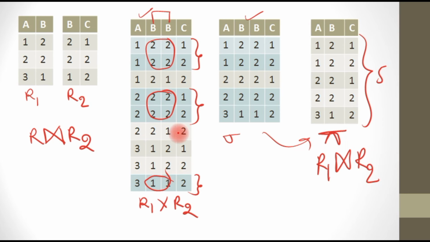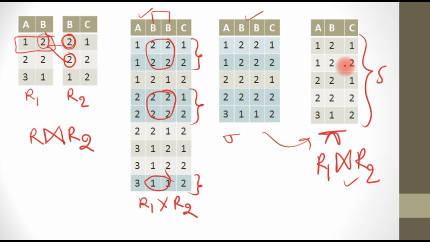Okay. See, to find the natural join, this is the procedure, but you can find it directly. Whenever the value of B is the same, it will be in the natural join. So see here, 1 2 is a tuple in this relation, and 2 is the same in another table, and here also it is the same.